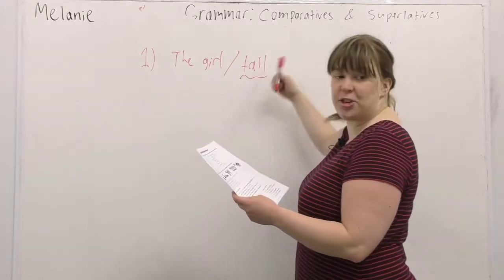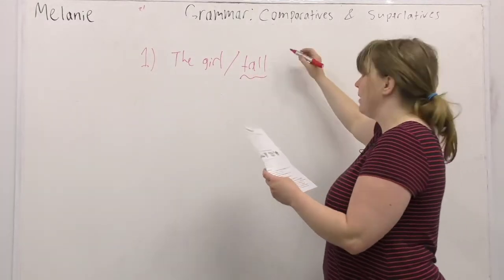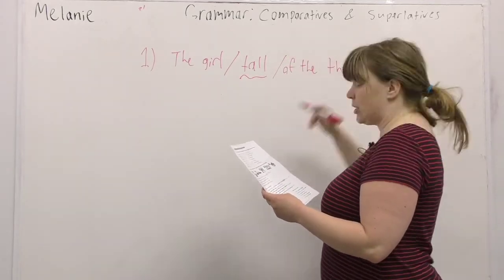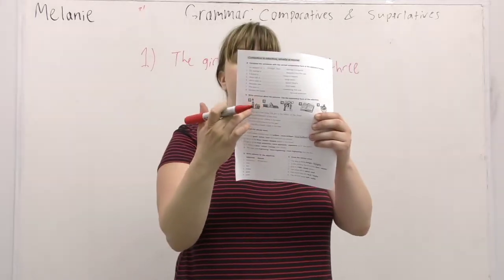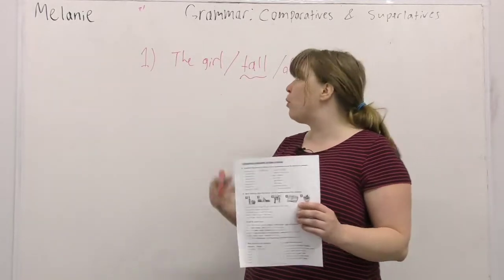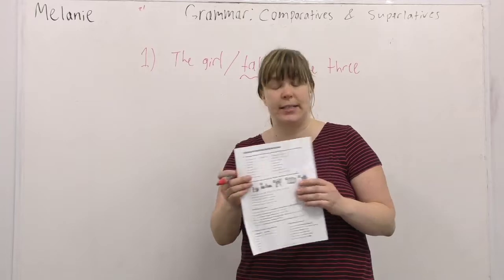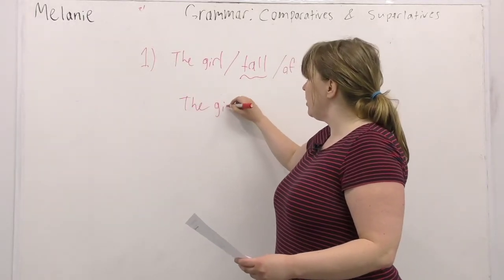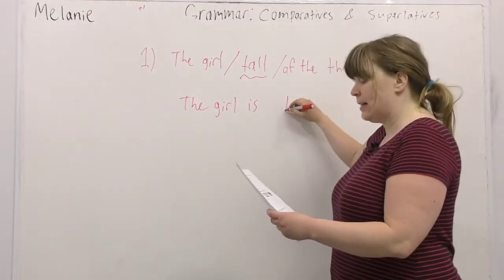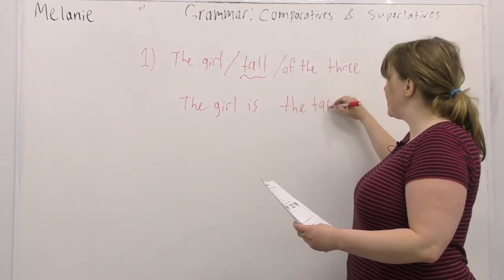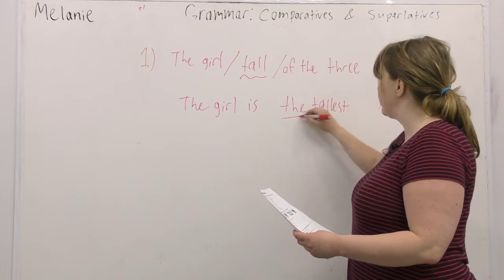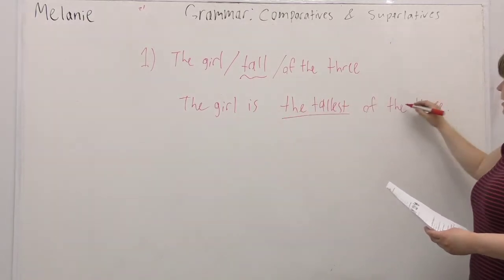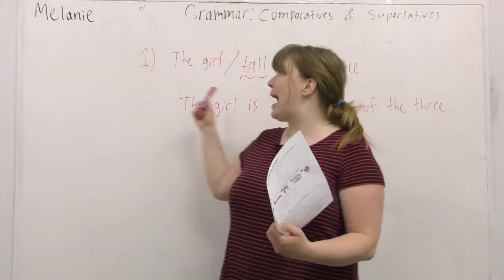Tall. This is the adjective we want to change, by the way. Of the 3. So that means there's 3 of them here. So if we want to make a superlative sentence, we have to say, the girl is the tallest. The tallest of the 3 people.